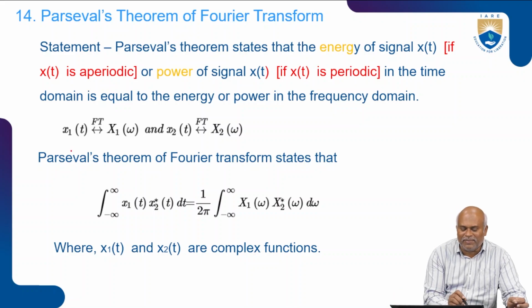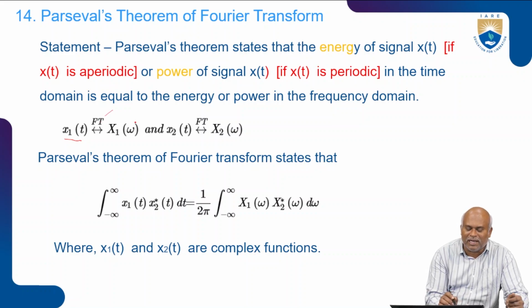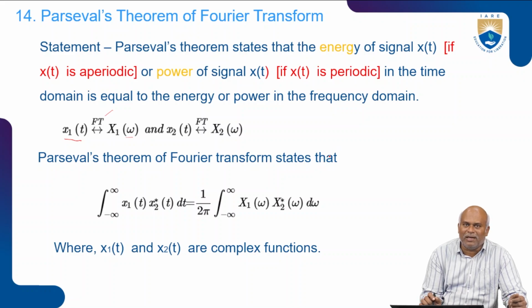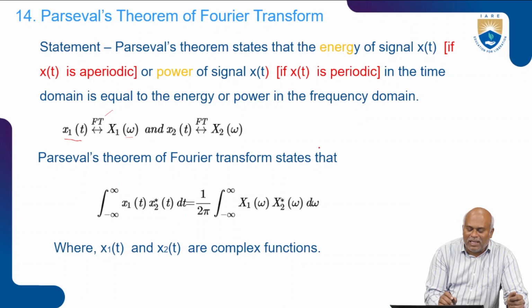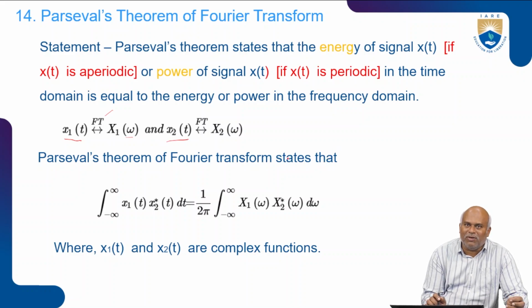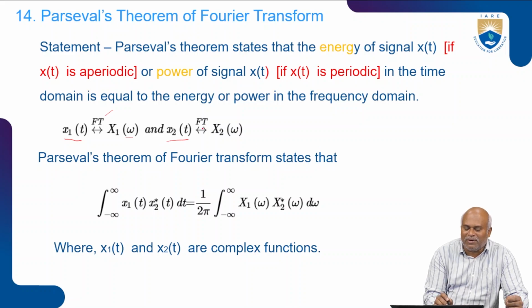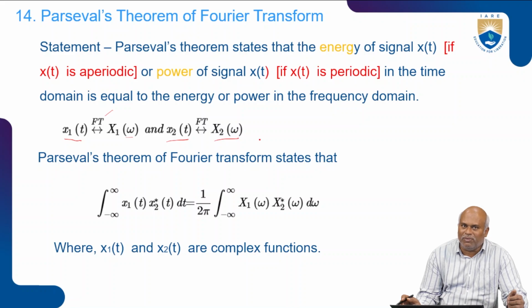Taking x1 of t in the time domain through the Fourier transform, we get the frequency domain x1 of omega, and for the other signal x2 of t, the Fourier transform produces the frequency domain x2 of omega.